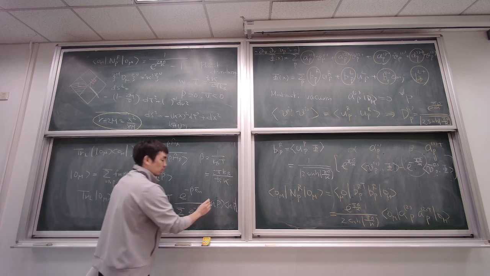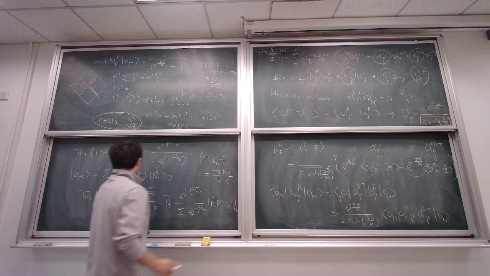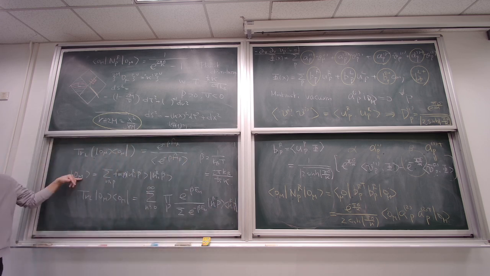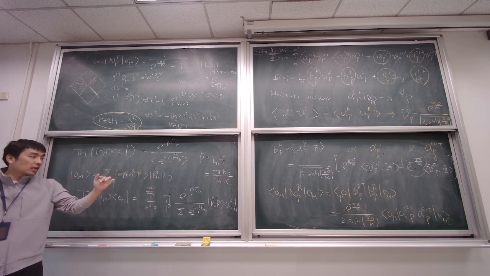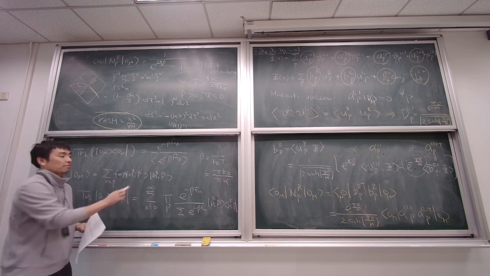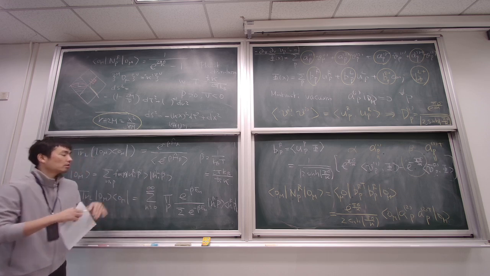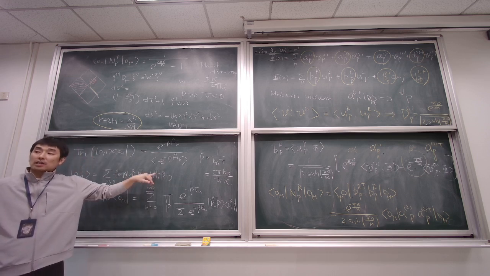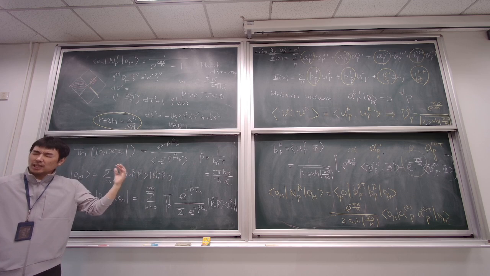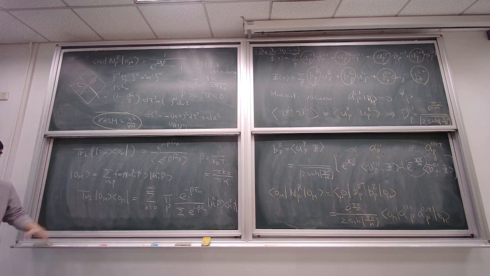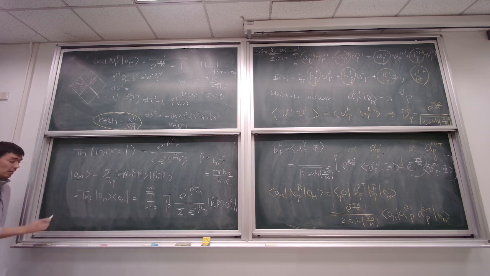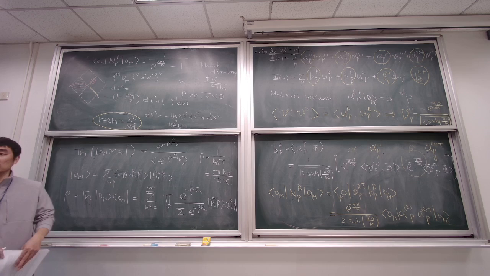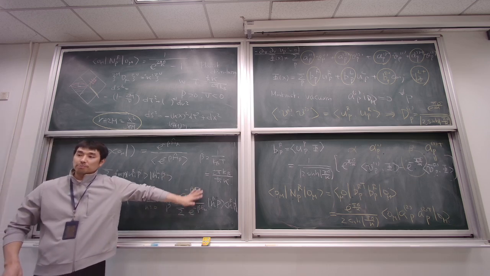So this is right, and this is left. Somehow the Minkowski vacuum can be written as some entangled state of right and left Rindler states, and moreover it's a coherent state. And if you take the density matrix, tracing over all left Rindler states, this density matrix is really like a Planck thermal distribution.